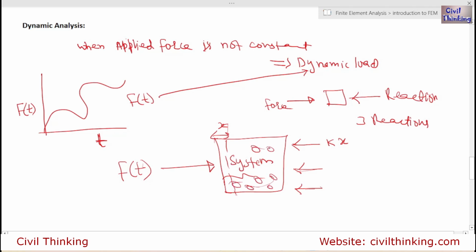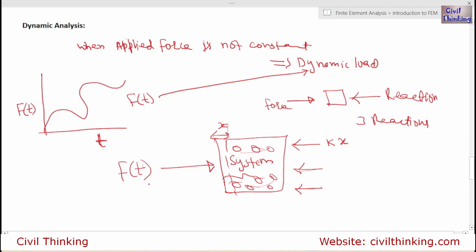Initially, when there is no vibration, all the particles and sub bodies have the same velocity, or the relative velocity is 0.